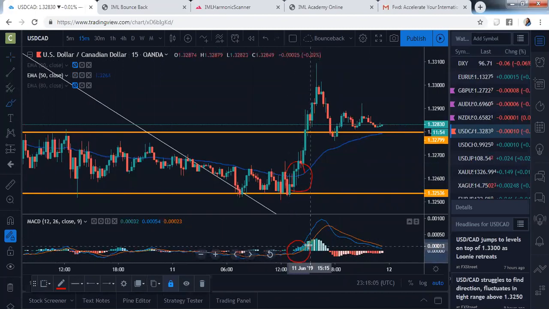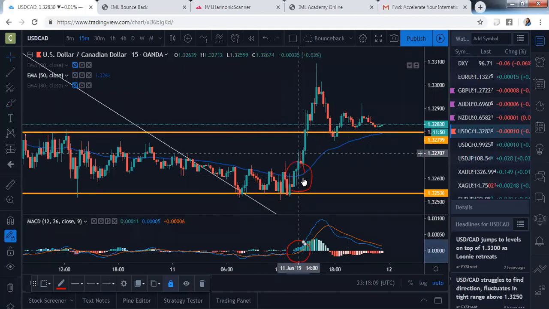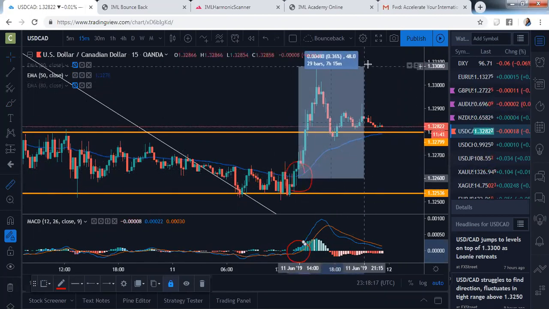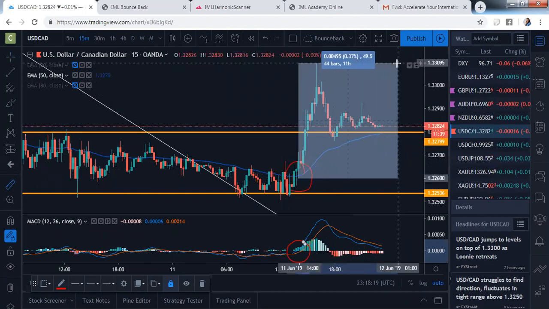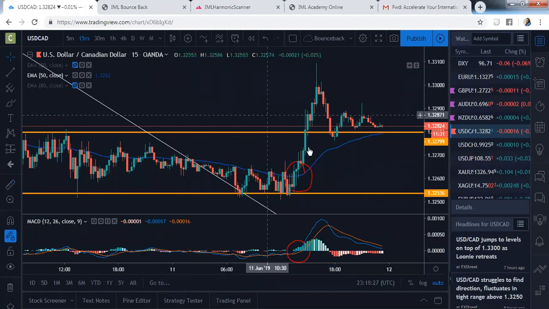The MACD also gave you that cross around the same area that it broke above your 50 moving average line. And there and then, right off the bat, the trade actually went up about 49 to 50 pips. A 50 pip trade, just from using 3 confirmations here.